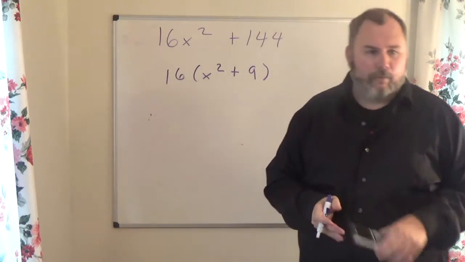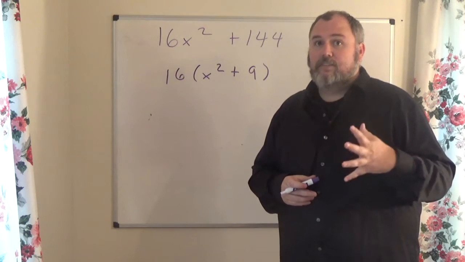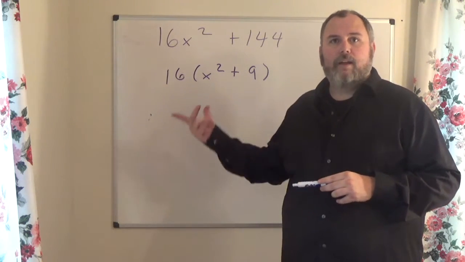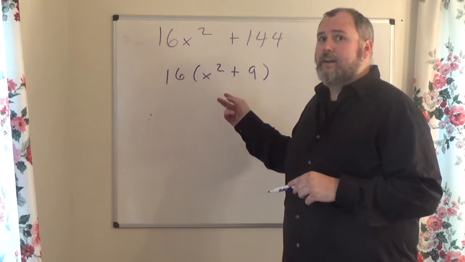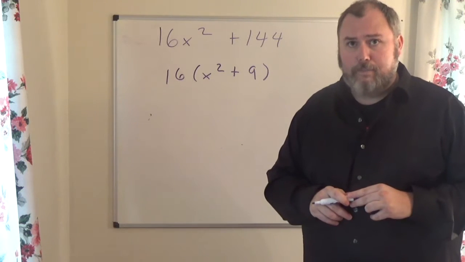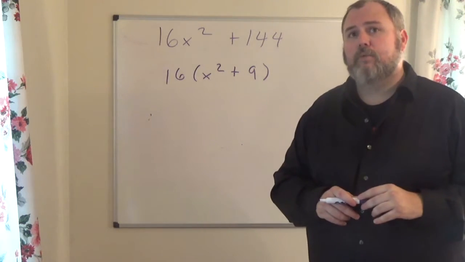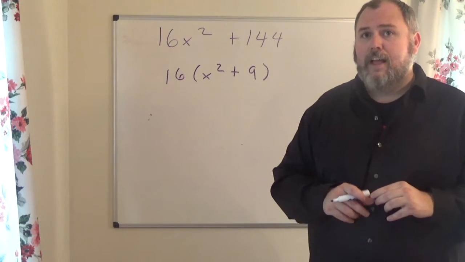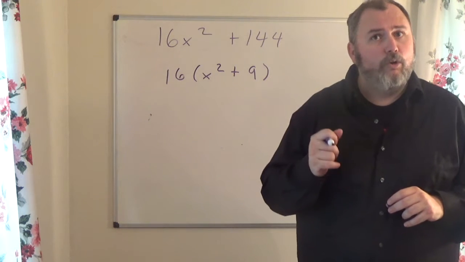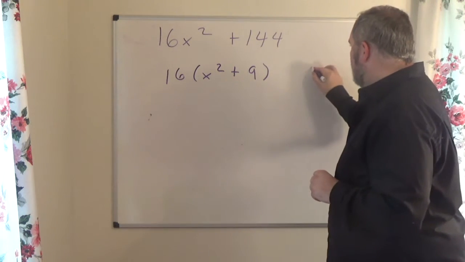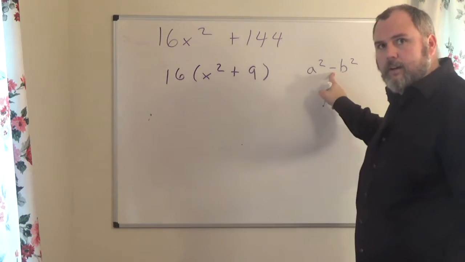Alright, so now that we have factored out the greatest common factor, what's the next step? Check to see if that's a special product. Well, look at this. I have a perfect square here and a perfect square there. So it looks like it would be. However, you need to go back and look at those special products. There was only one special product that I gave you that had only 2 terms, and it was this: a squared minus b squared.